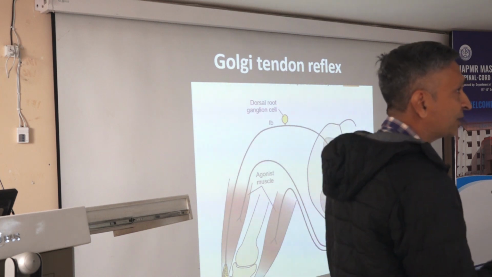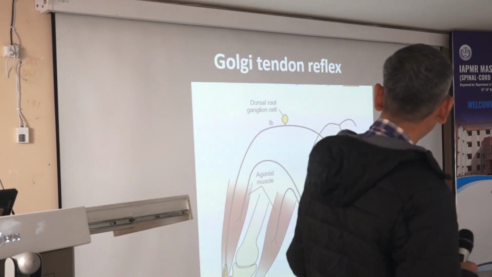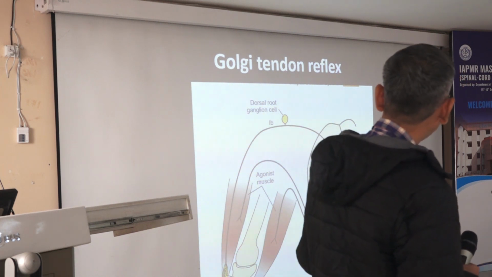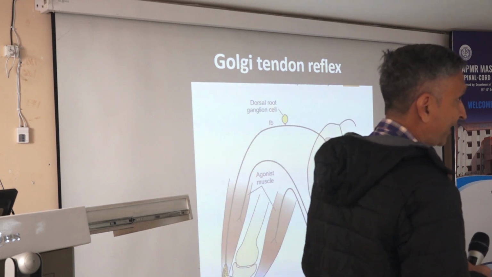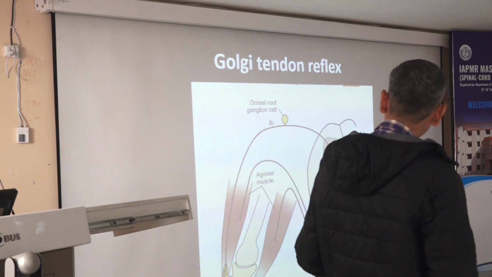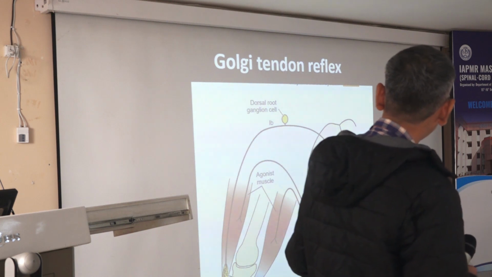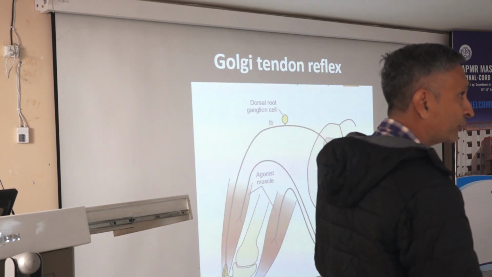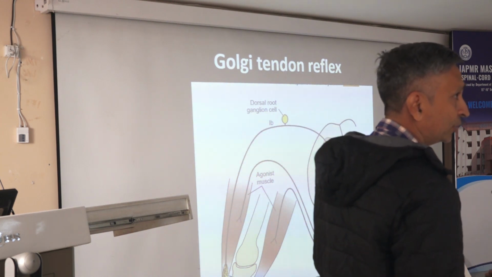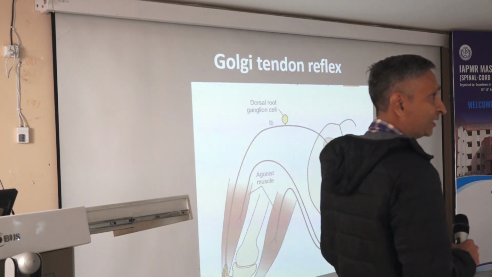Now further movement is not possible unless there is this Golgi tendon action. What Golgi tendons do is inhibit the agonist muscle action somewhat, so that you can move your muscle.